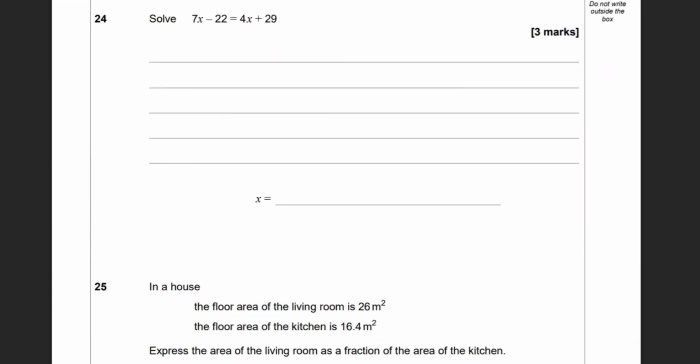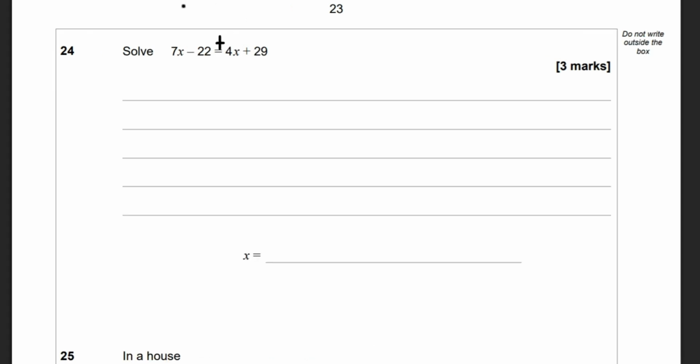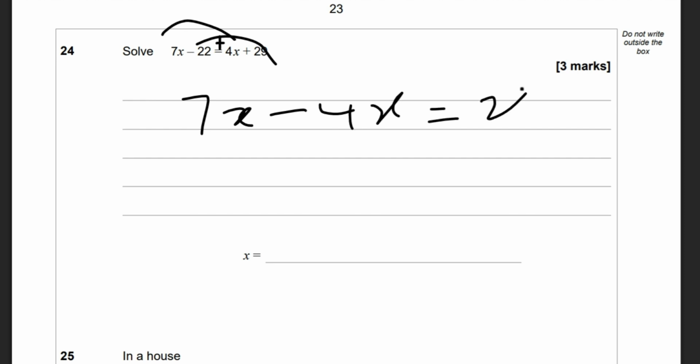Okay, here we collect like terms. You see this 4x is positive, so you can take it to the left and bring 22 to the right. This gives you 7x minus 4x is equal to 29 plus 22.